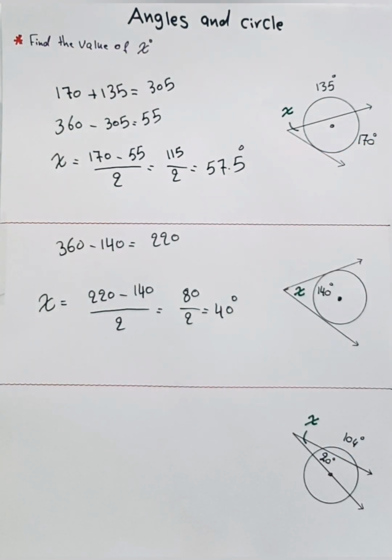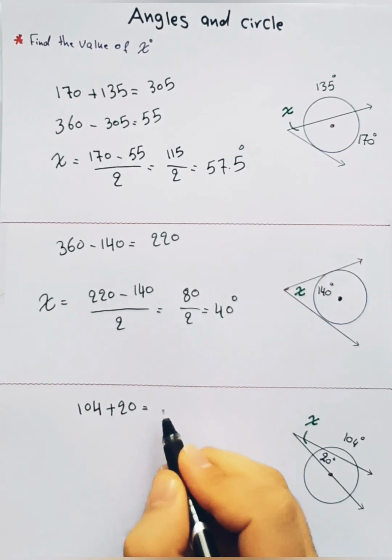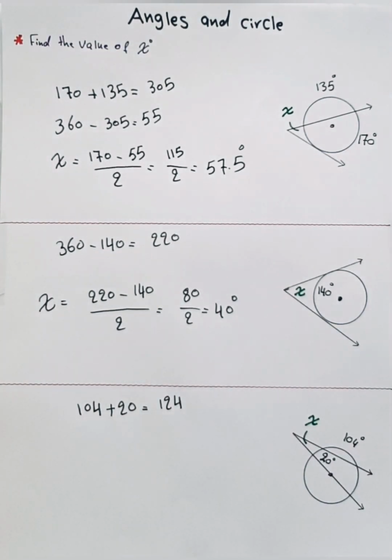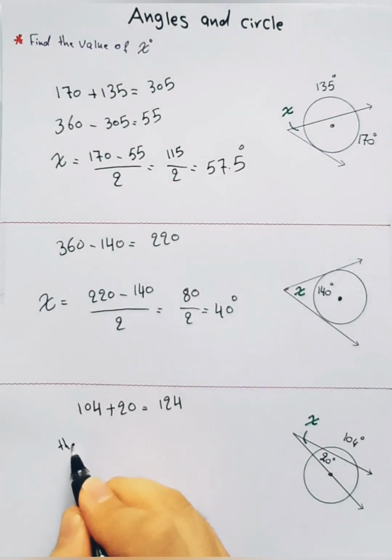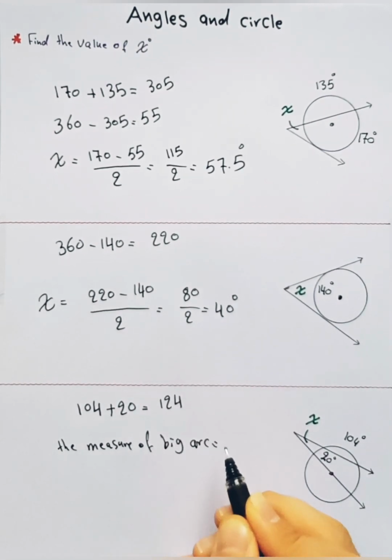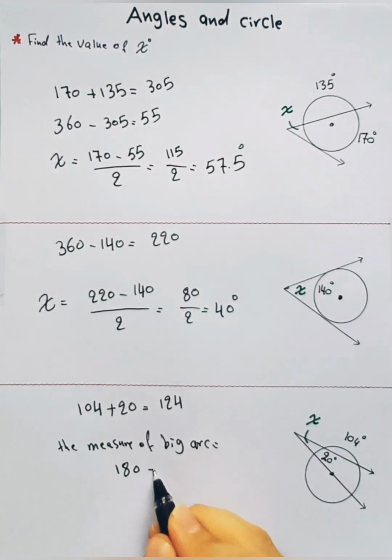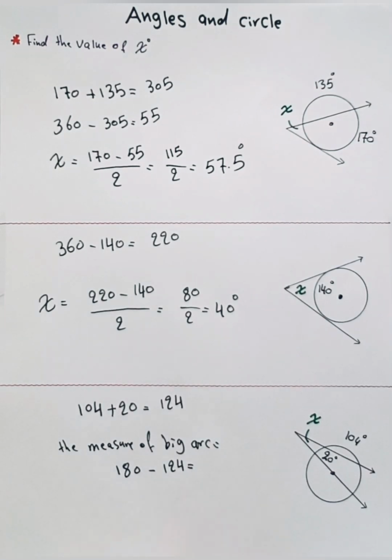Example number 3. First, we have to add these two numbers. 104 plus 20 equal to 124, and then the measure of the big arc equal to 180 minus 124 equal to 56.